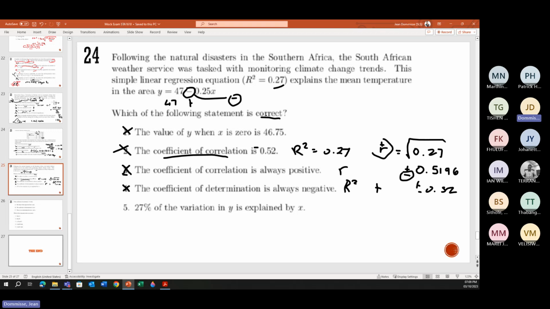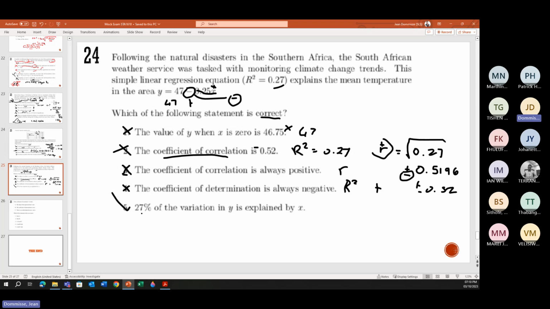I think if you made that equal to 1, you would have had 46.75. It's probably what they want to see, that you make x 0, then that would have fallen away. So your y would be 47 and not 46.75. So the last one is correct, but let's look at it.